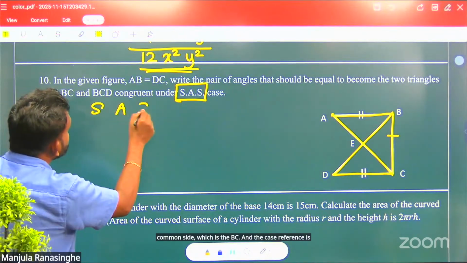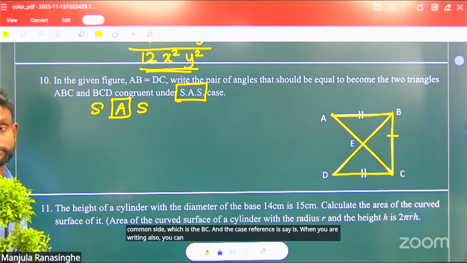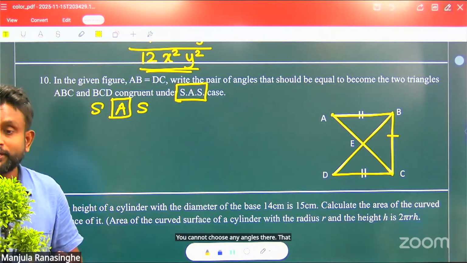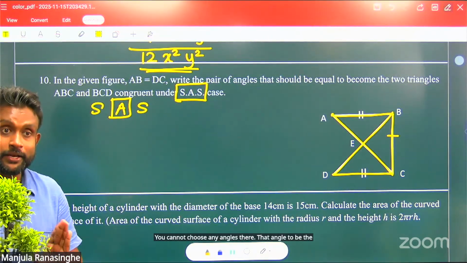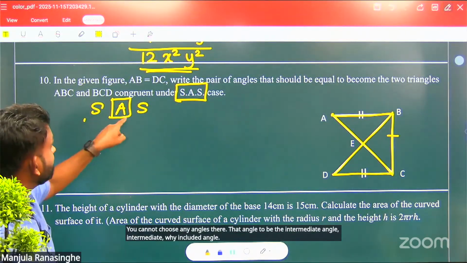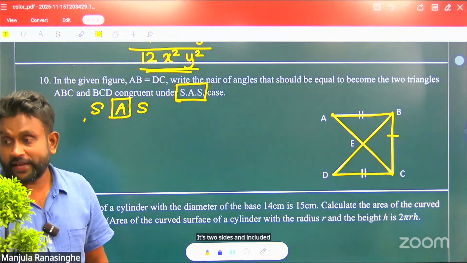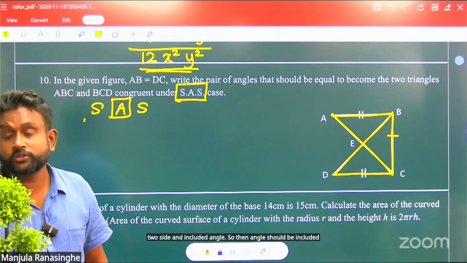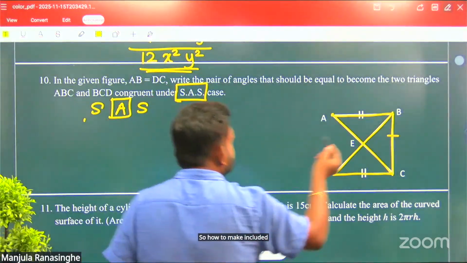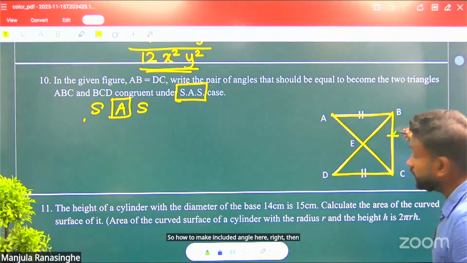When you are writing, you cannot choose just any angle. The angle has to be the included angle, because SAS is two sides and the included angle. So the angle should be included between both equal sides. Here are the two equal sides, and you check this angle.